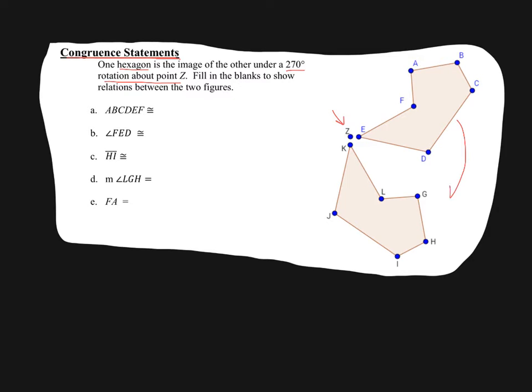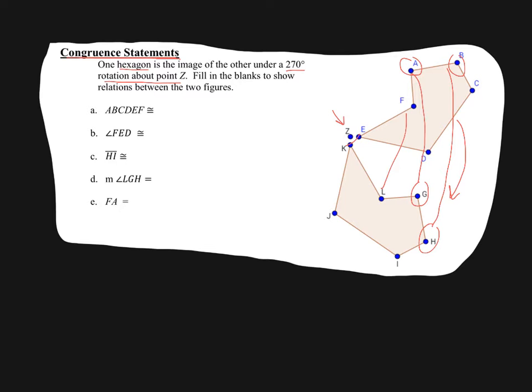So it looks like we went down this way. So what happens? Who matches up? And really what I want to know is, where does A match up with? So if you look carefully and you kind of match up, E matches up with K, F matches up with L, then it looks like A is probably going to match up with G, and then B is going to match up with H. And that's the key piece.